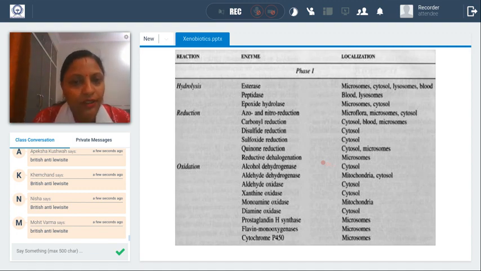It includes alcohol dehydrogenase, aldehyde dehydrogenase, aldehyde oxidase, xanthine oxidase. You have studied many of these enzymes, and the most important is cytochrome P450, a microsomal enzyme also present in mitochondria.